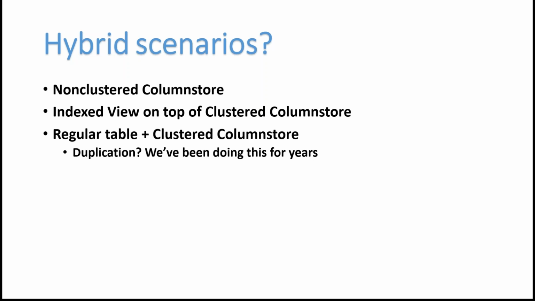Because for years we had the raw data tables, the OLTP type tables, and we had the aggregation tables. We aggregated the data and then queried it. So this is basically what we do here. We don't duplicate the data, we just use it in different ways.